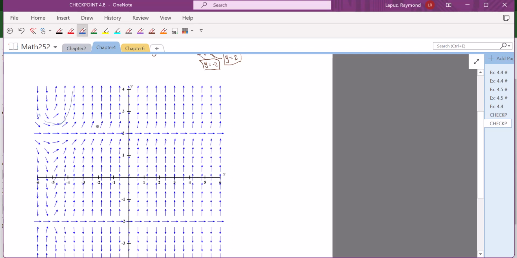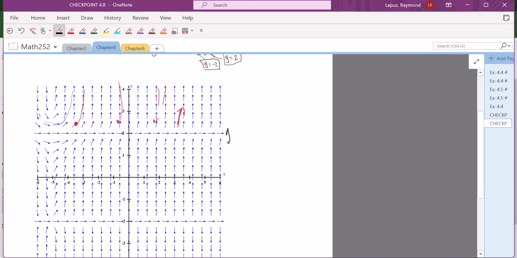But more importantly, if we choose a starting point with x bigger than -5, and let's choose one that's bigger than y is equal to 2, so somewhere up here, you can see that it kind of takes off, and regardless of where you are, it looks like it's always going to be taking off, steeper than what I can draw right now. So it looks like we're pulling away from y is equal to 2.